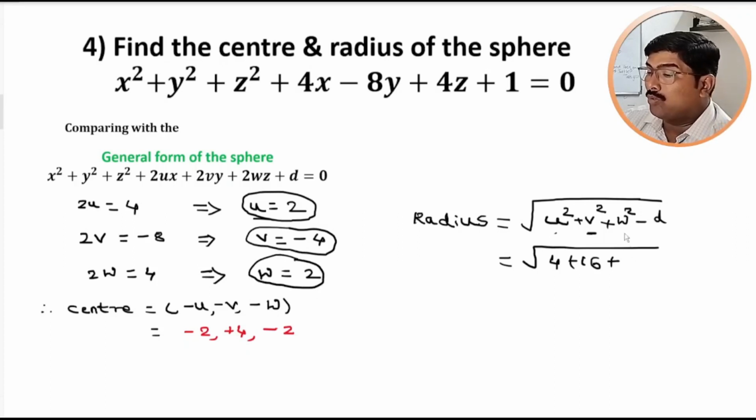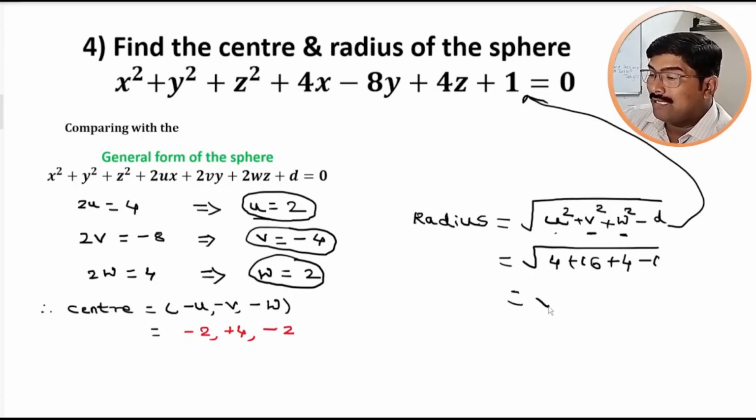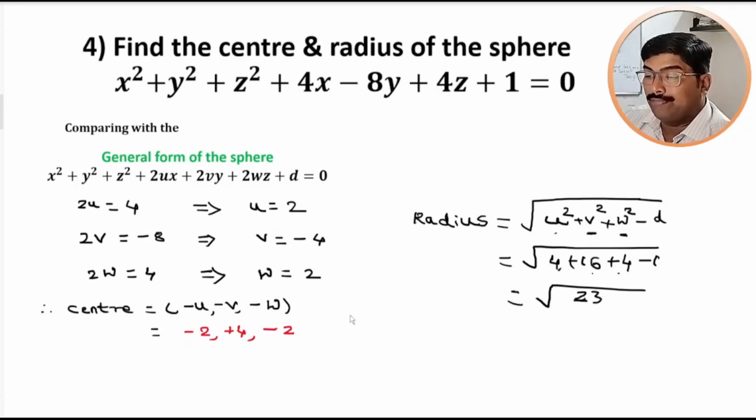W is equal to 2, so here the value of w square is nothing but 2 square is equal to 4, minus substitute the value for d. D value is equal to 1, so I will write here 1, and if you simplify, you will get this is equal to square root of, so 16 plus 4 is equal to 20, 20 plus 4 is equal to 24, 24 minus 1 is equal to plus 23. So this is the required center and radius for the given sphere.